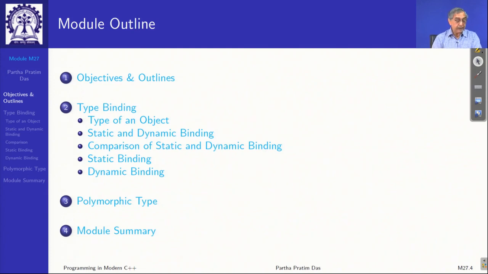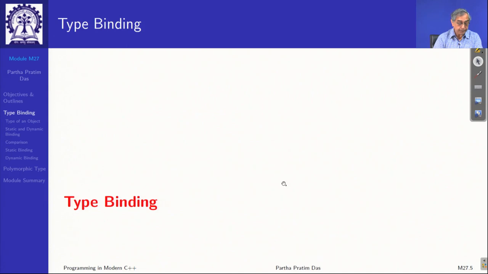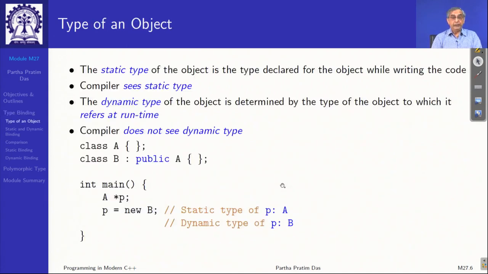This is the outline as will be available on the left. So, first we talk about type binding. And this will be a little bit of new stuff for you all, because in C we talk primarily of static type.